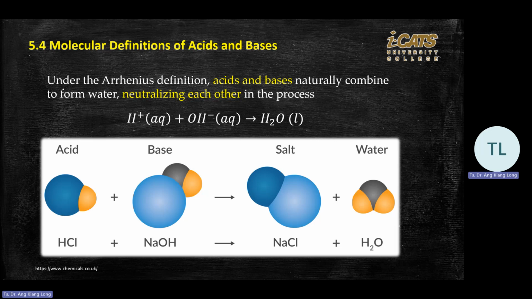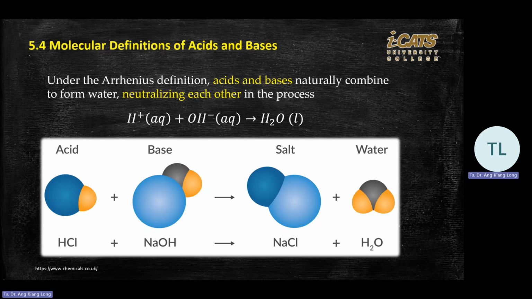Object B, Na positive, OH negative. In neutralization, usually they will shift partners, they will exchange partners. It means Na, object number 2 base, will combine with Cl of the acid. H will combine with OH of the base and become water. Okay, will become water.